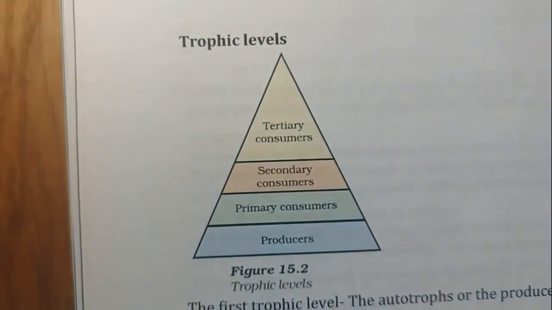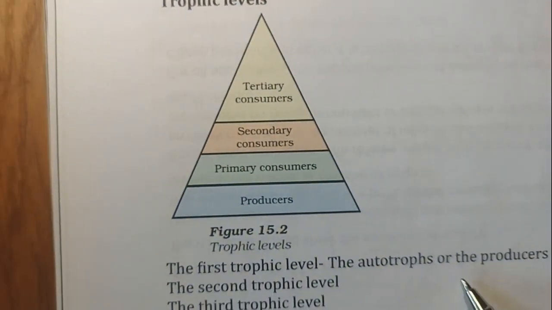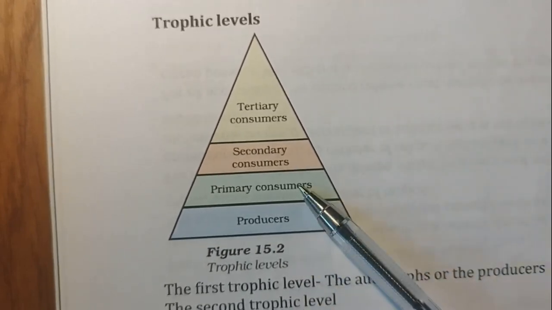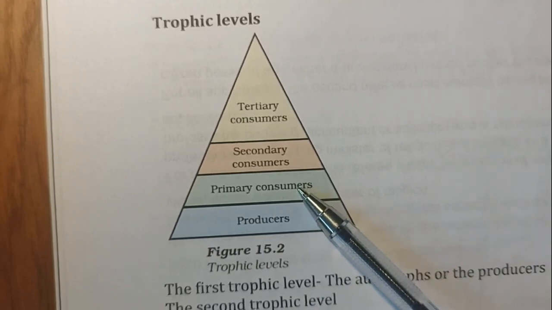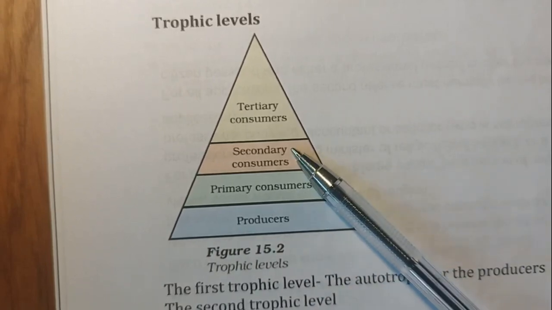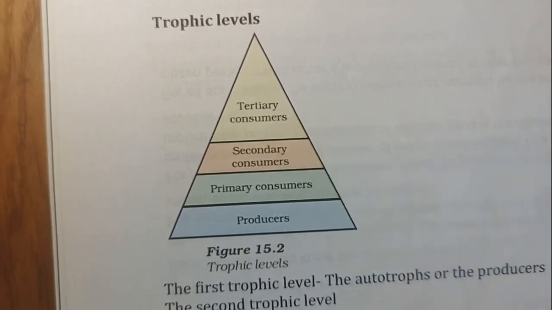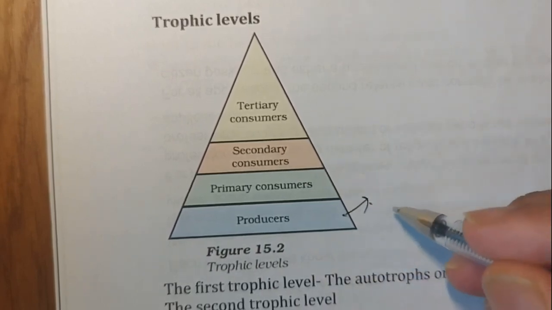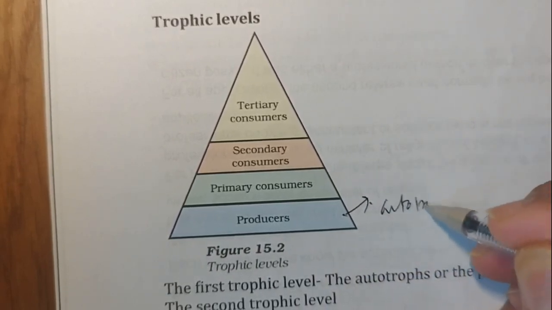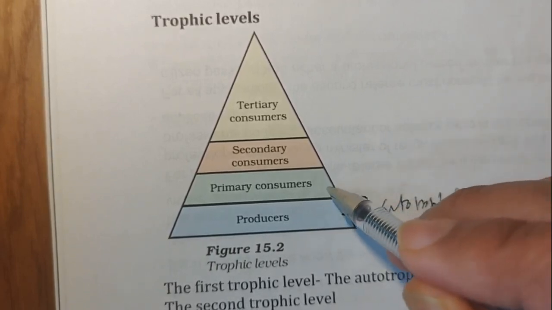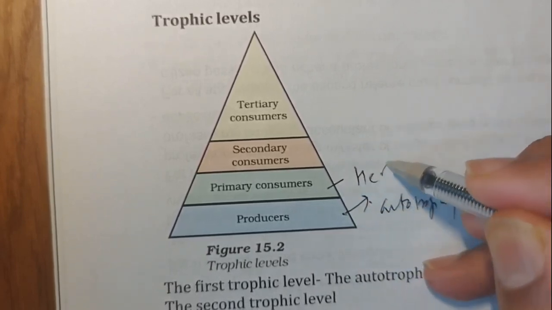The first trophic level is autotrophs or producers. Then the consumers. The second trophic level is primary consumer. The third trophic level is secondary consumer. The fourth trophic level is tertiary consumers. So that's producer, that is autotroph or plants. Then primary consumer, these are herbivores.